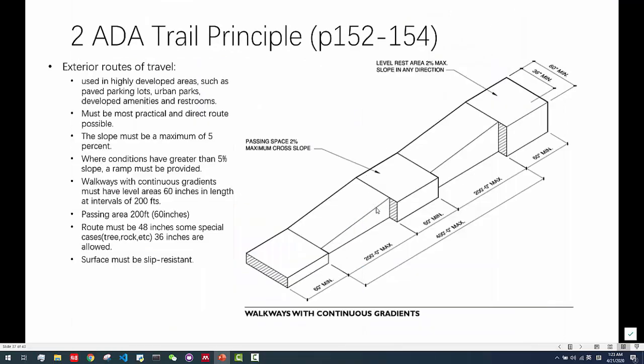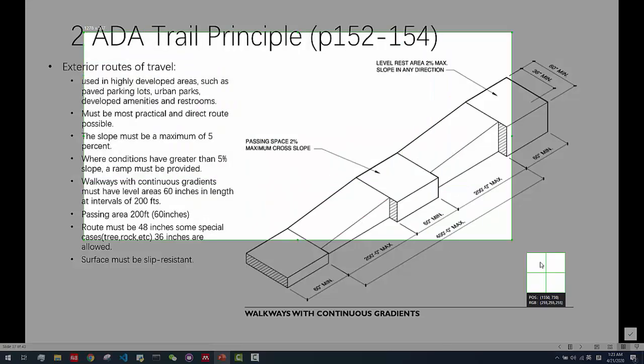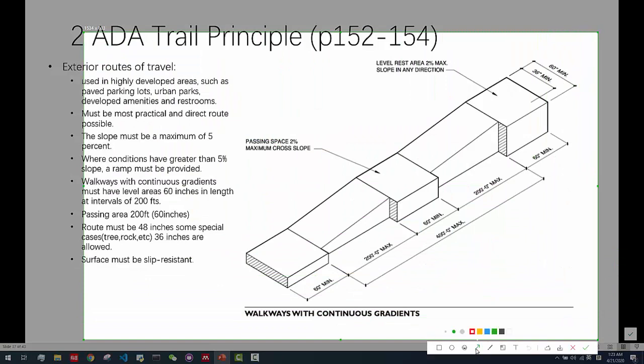But the good thing is, when you walk, before you go up, you have at least a space that is 60 inches minimum. That's flat.